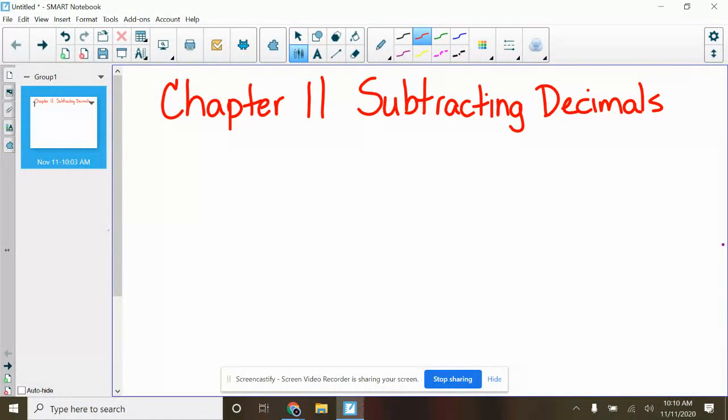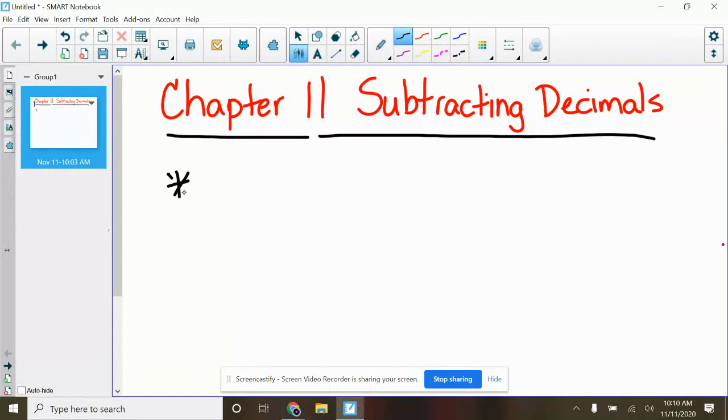Okay? All right, so moving into chapter 11 on subtracting. When we think about subtracting decimals, the thing that we learned with adding decimals that was the most important was what? Yes, so let's make sure we don't forget that for this chapter.